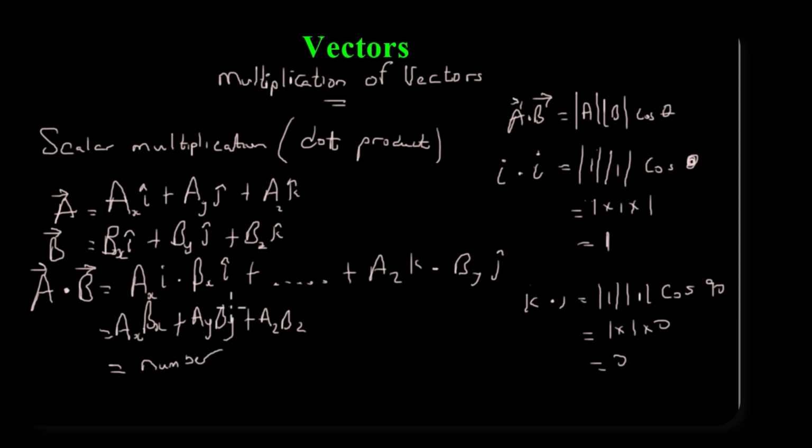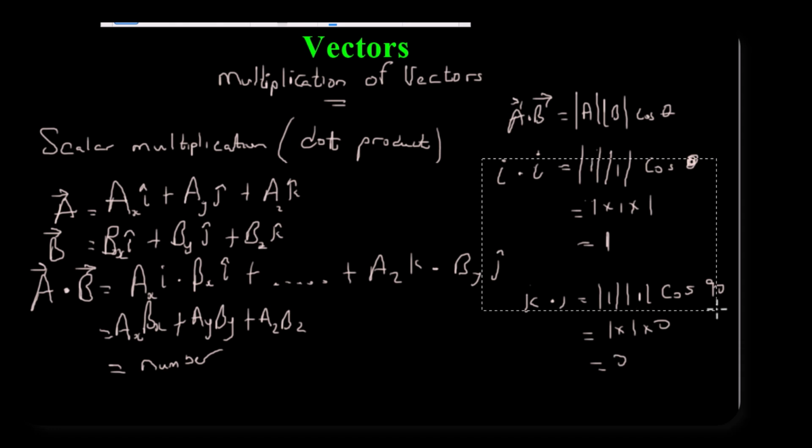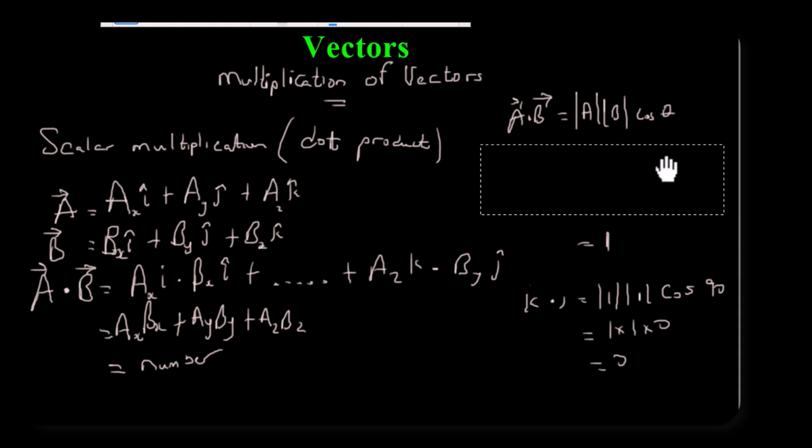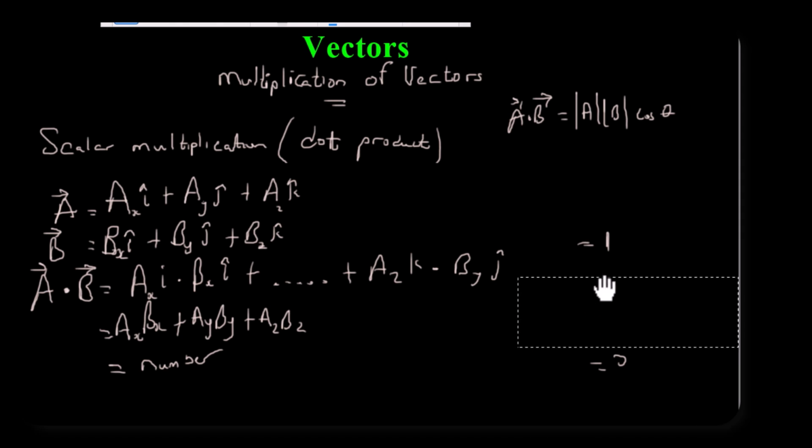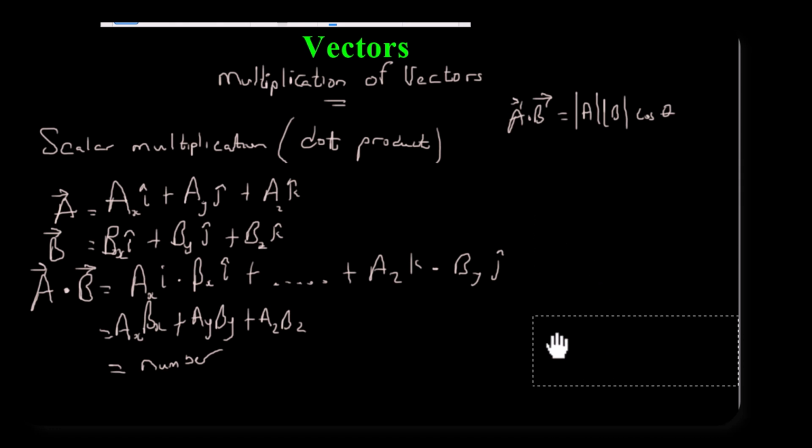Now, before we move on to taking an example, what if you are being asked to find the angle between two vectors? What do we want to do? Basically, we'll just equate these two operators together. I know that A dot B is given as the magnitude of A vector multiplied by the magnitude of B vector multiplied by the cosine of the angle between them.